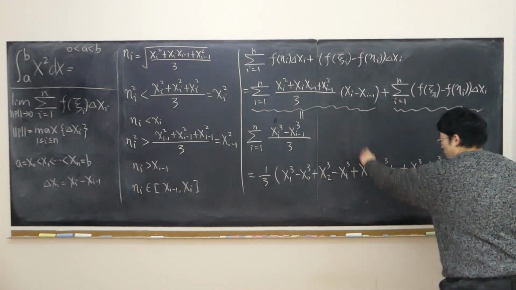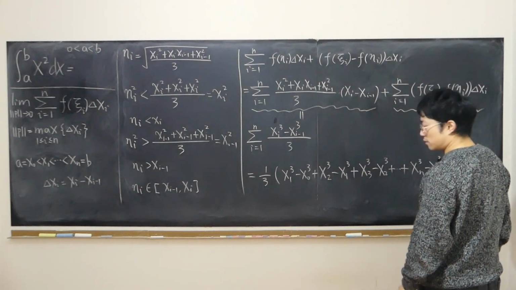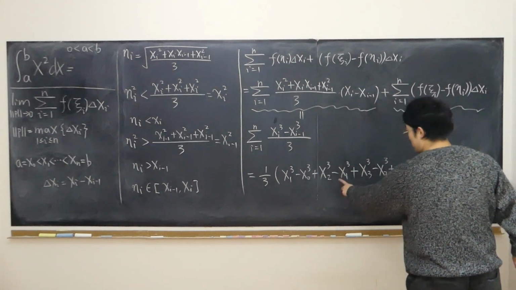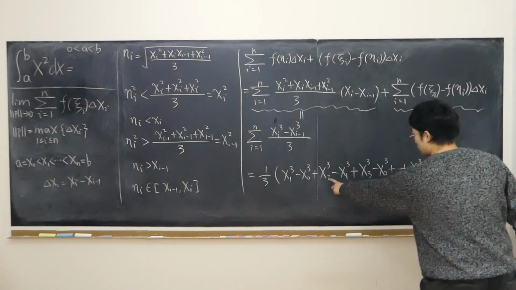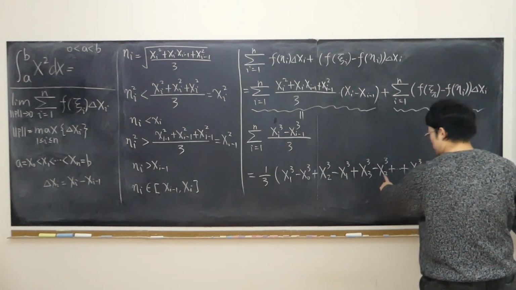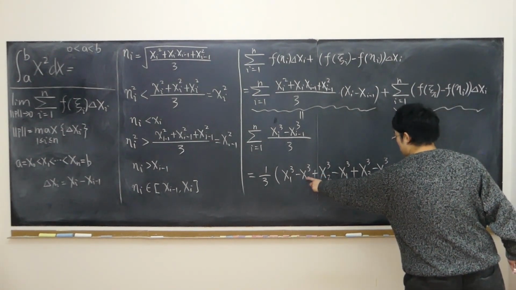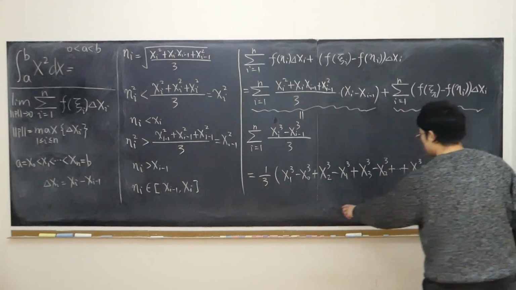Bracket, this is my first sum. So we can simply cancel out the majority of the terms. x1 cube minus x1 cube, x2 cube minus x2 cube, but x0 cube still stays.